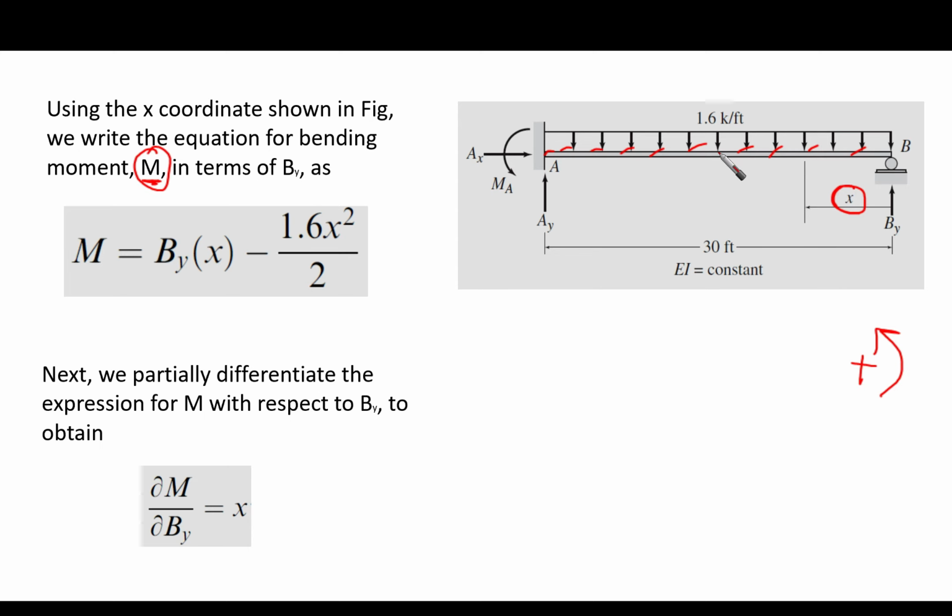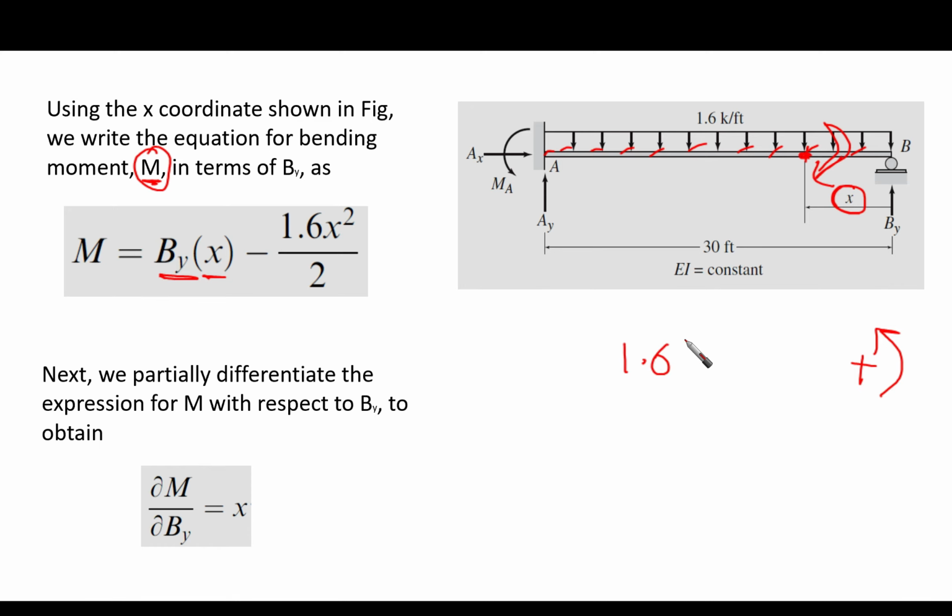Then at any point at a distance x from B, the moment is going to be By times x minus this portion of the distributed load, which is 1.6 times x over 2, right?